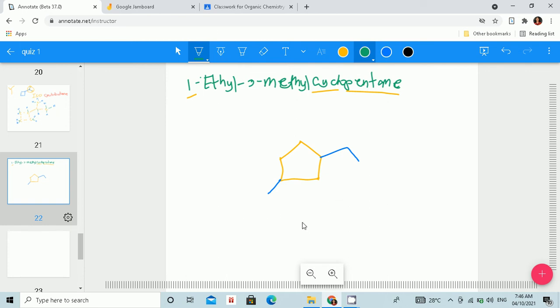For our complete structure, of course, we will write the structure the same as our line structure. So there's a C here, a C, and then we have C, and then C, and C here. 1, 2, 3, 4, 5.